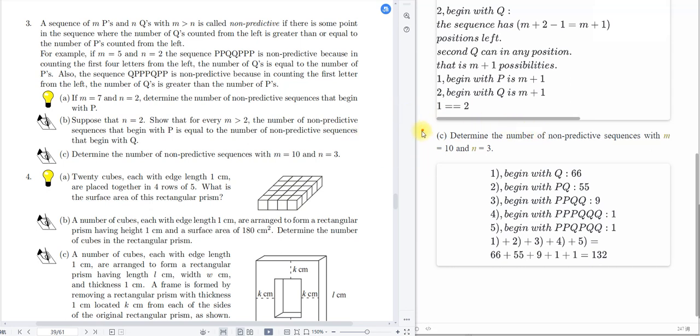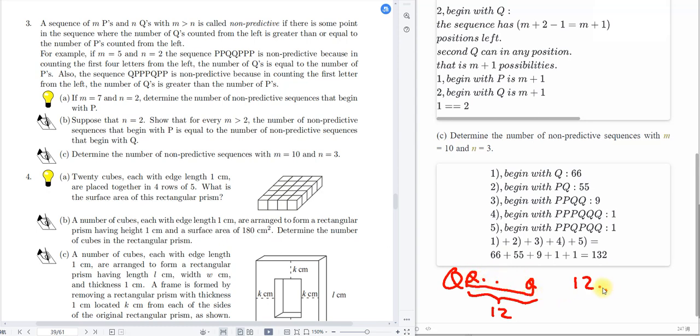Okay, so we first start with Q. Start with Q, and there are 10, 3, so 12 positions remain, and of the left 2 Q's, the second Q can be in any of these 12 positions.